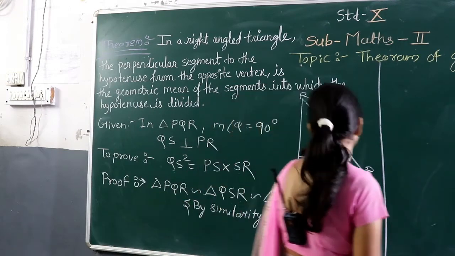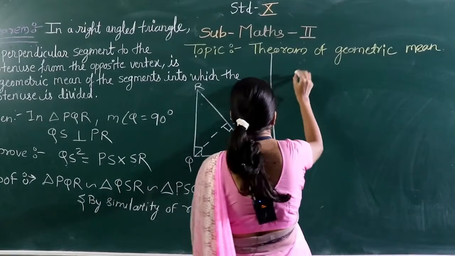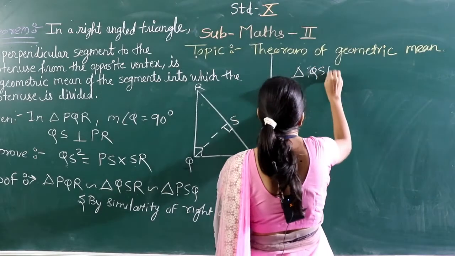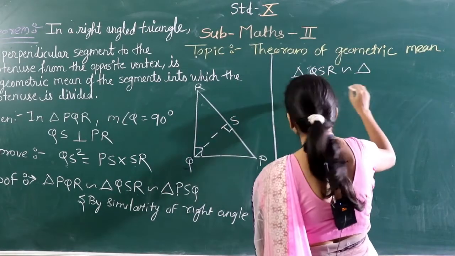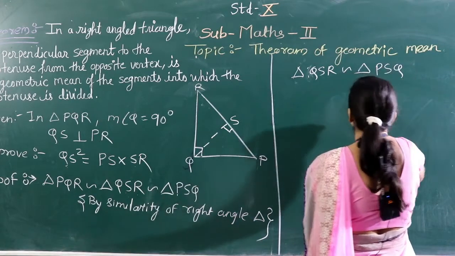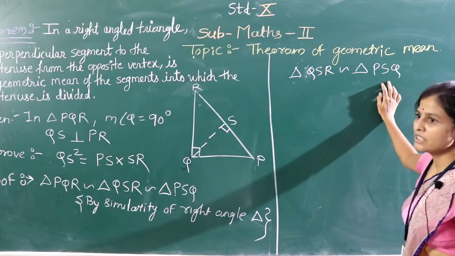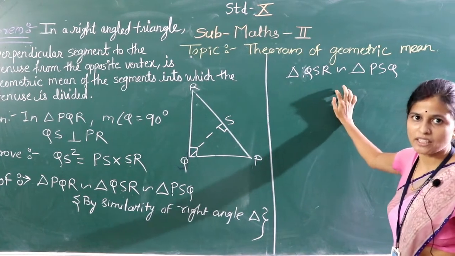Out of these three triangles, we consider only triangle QSR is similar to triangle PSQ. Now we learn that if two triangles are similar, then their corresponding ratios are equal to each other.